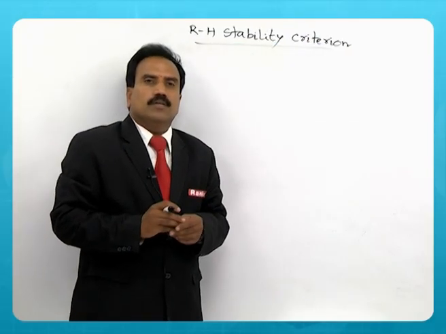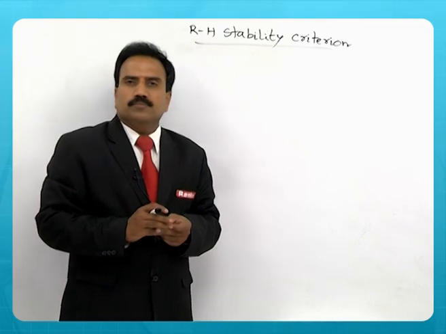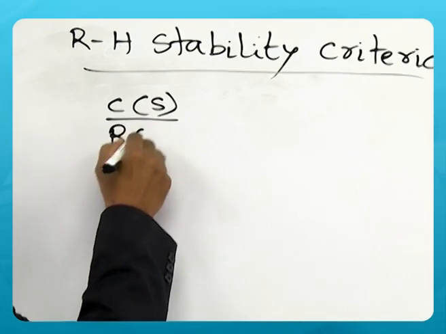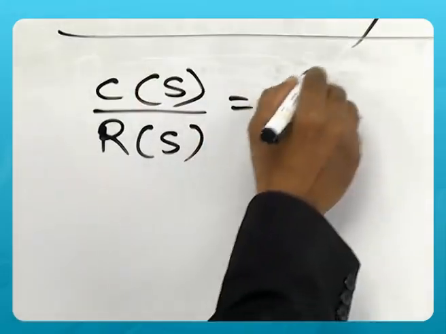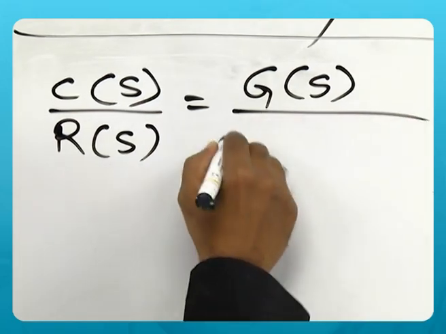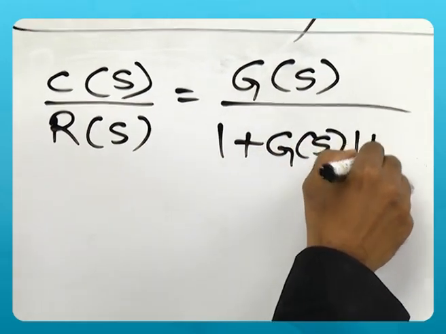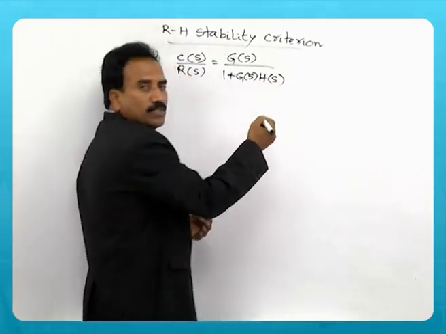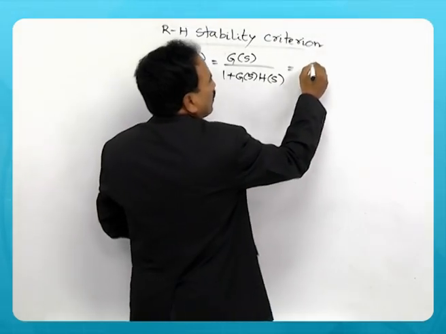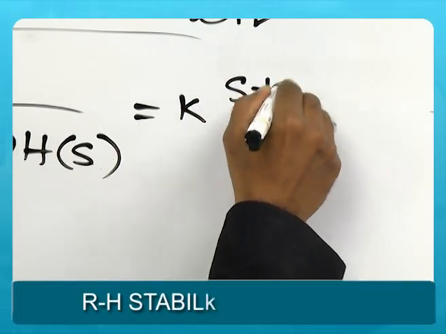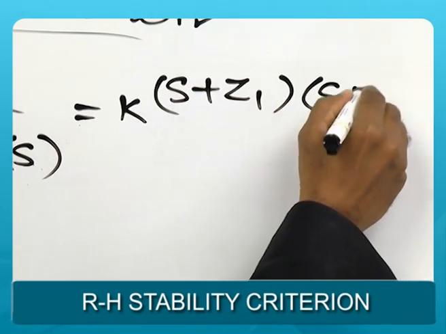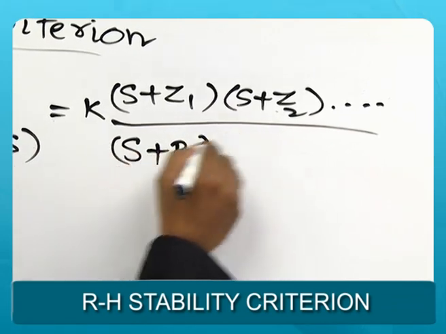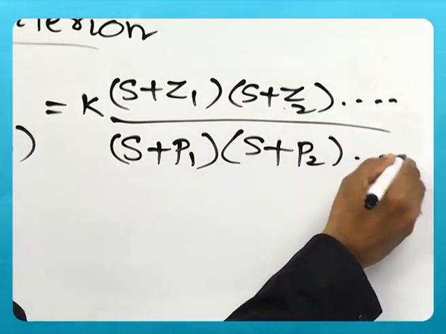Let us move on. The given system is represented by C of S by R of S. This is a non-unity feedback control system, and this is given by K times (s plus z1)(s plus z2) and so on, over (s plus p1)(s plus p2) and so on.